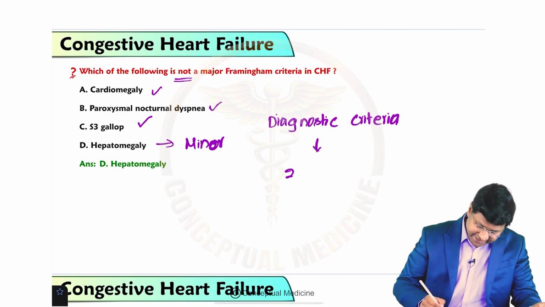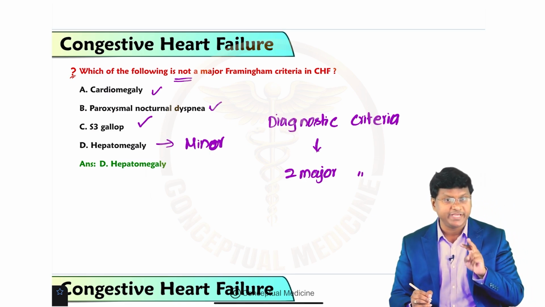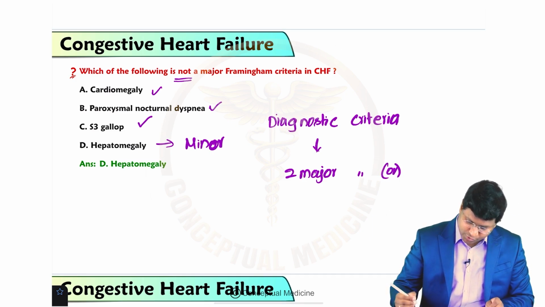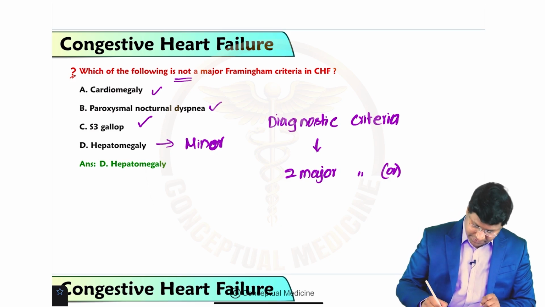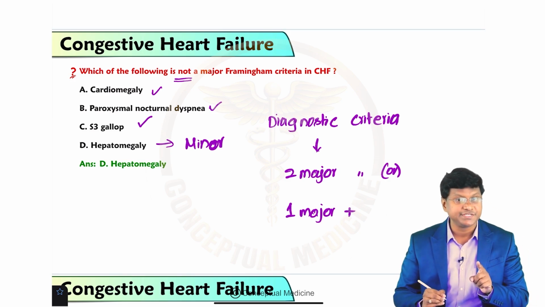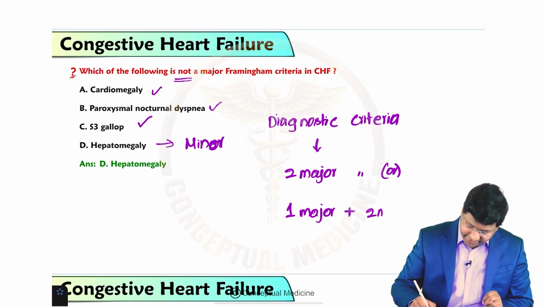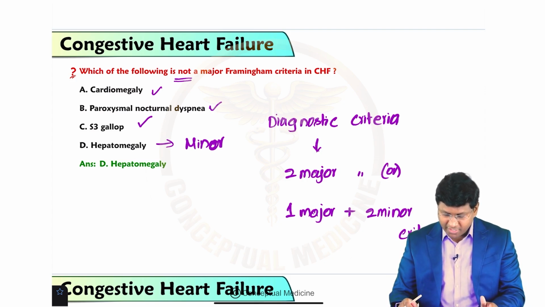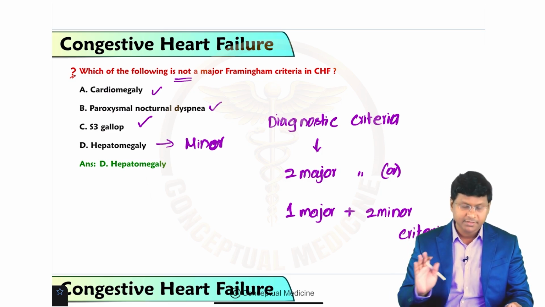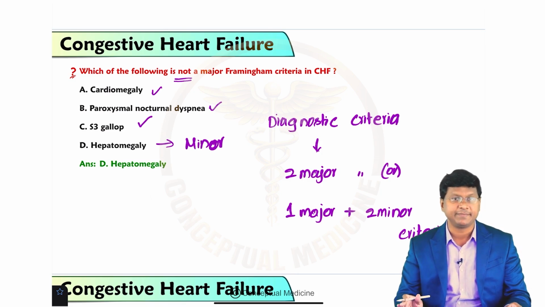It is the presence of two major criteria, or one major plus two minor criteria. That will be the diagnostic criteria for congestive heart failure according to the Framingham criteria.